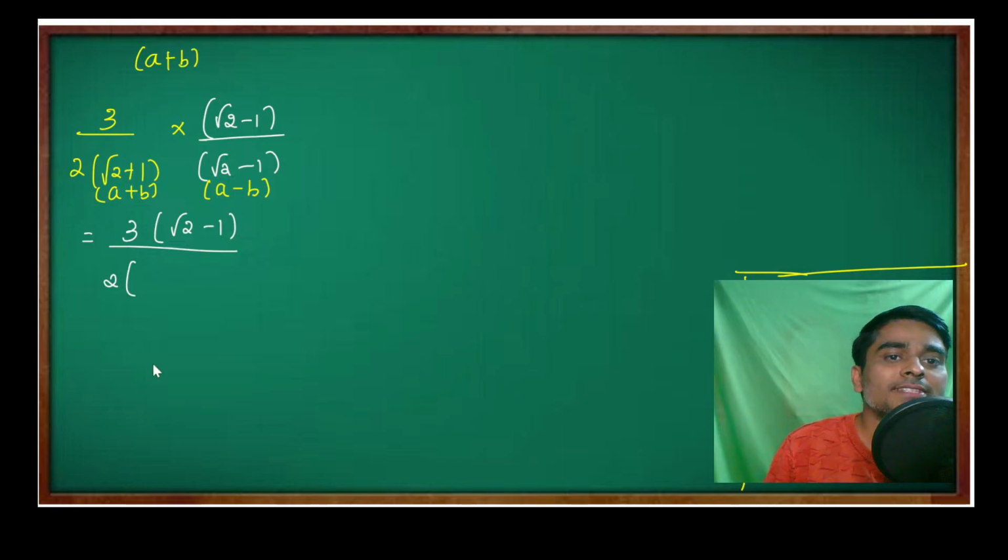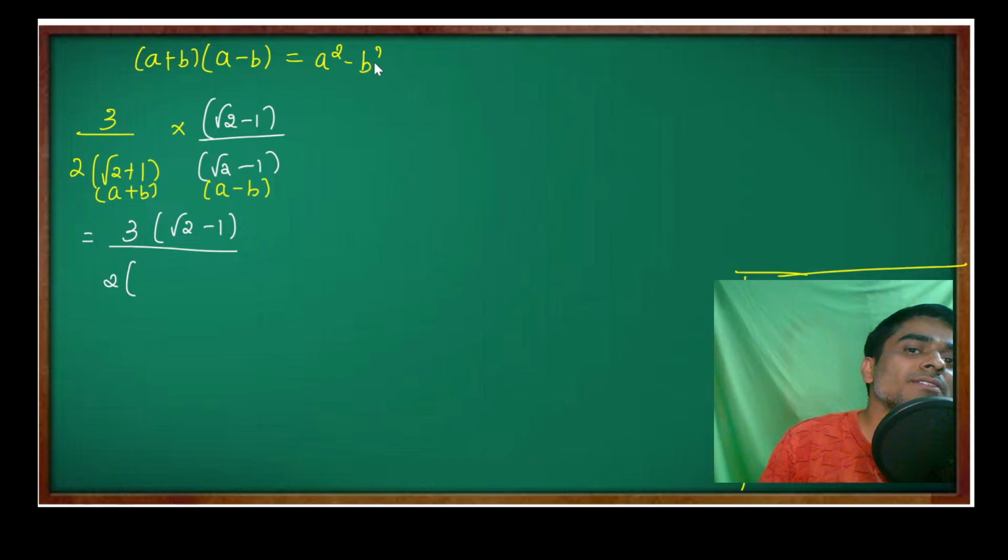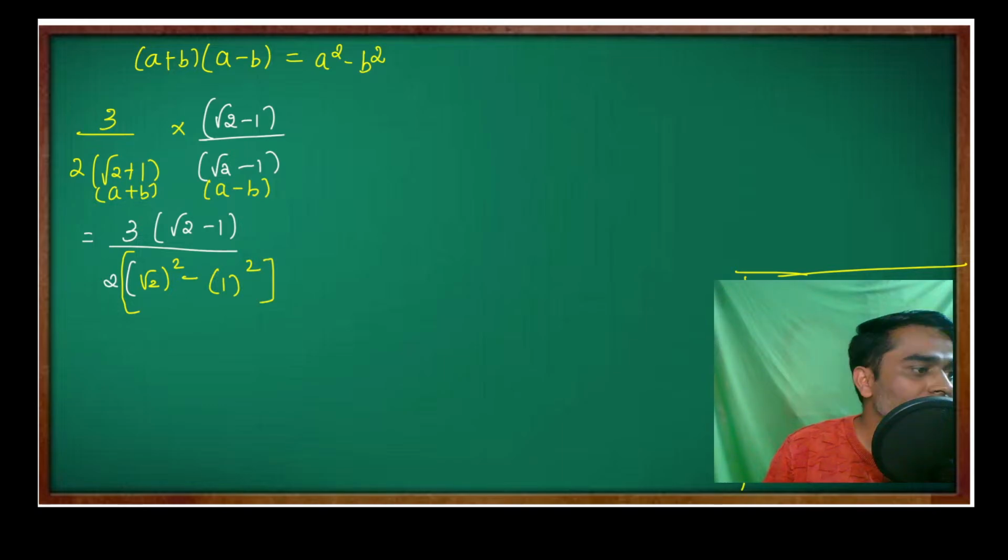In 8th standard you learnt, right? Algebraic expression. A plus b into a minus b is a square minus b square. So I have to square the first term, then square the second term, and in between I should keep minus, like this. Now it is visible.